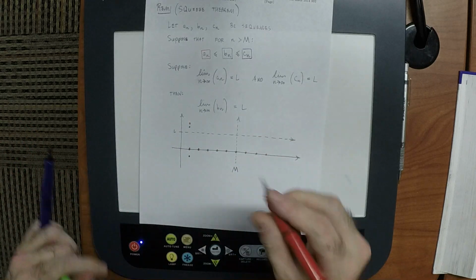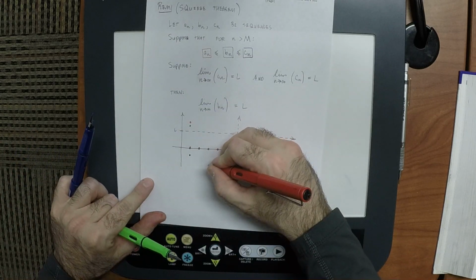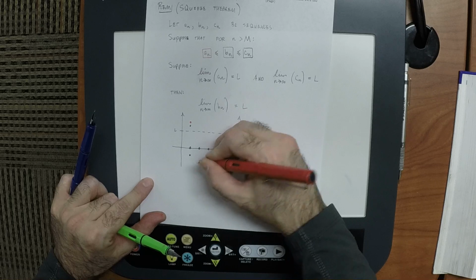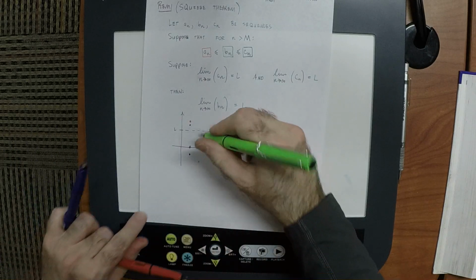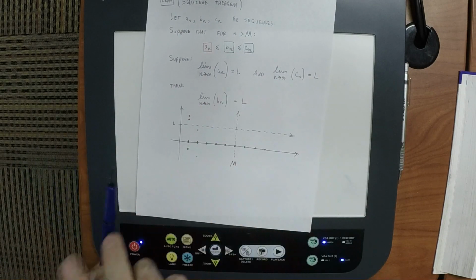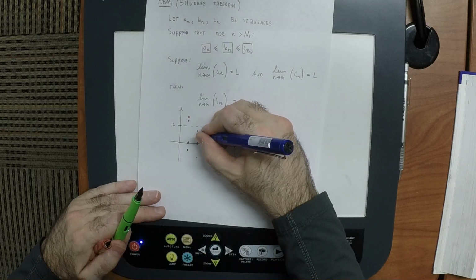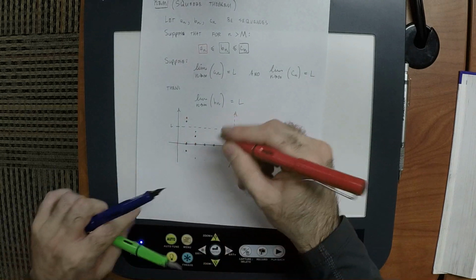And then maybe now red says, I was way up there for a little bit, but now I'm going to be down here. So you can sit here and play this game.